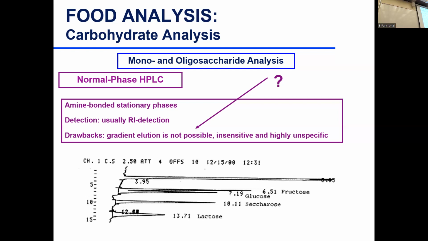But then disaccharides like lactose, for example, or sucrose will come later. So the more OH groups you have, the more hydrogen bonding you can get with the column, the more retention. So the order of retention is mono, di, oligosaccharides, with the monosaccharides that have fewer OH groups coming out first.